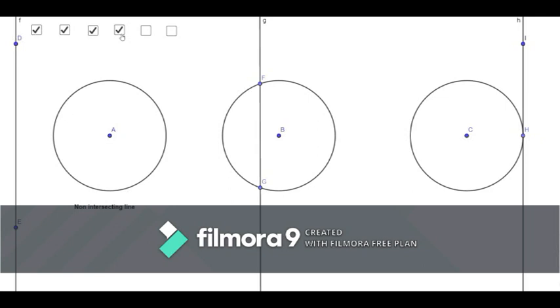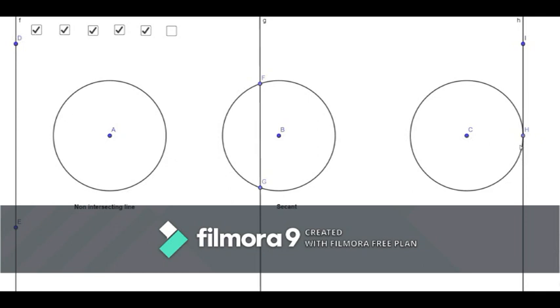See, observe the second figure. Here the line has two common points, two different common points, correct? F and G are the two different common points where the line intersects the circle. Such lines are called secants of the circle. Next, observe the third case. Here the line has only a single common point with this circle.